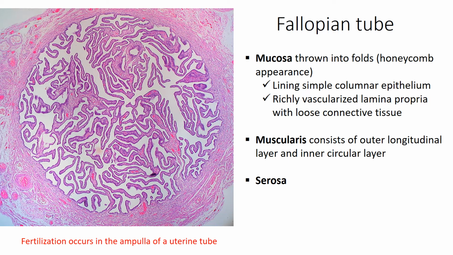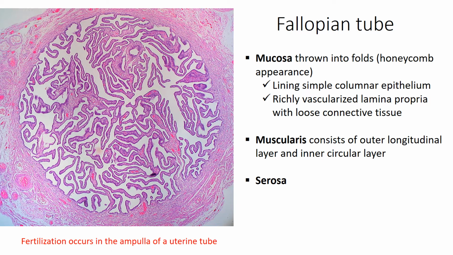As we know, fertilization occurs in the dilated portion, which is known as the ampulla of the uterine tube. Then this embryo gets transported through the uterine tube, finally into the cavity of the uterus.